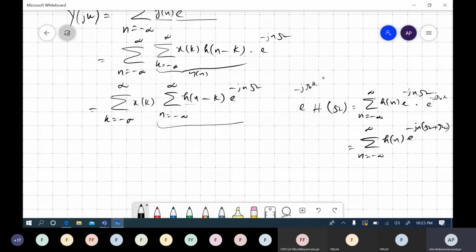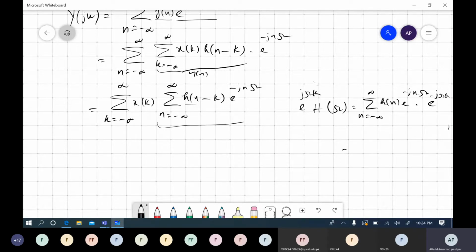Sorry, one thing I have made a mistake here: this shift is in the time domain, e to the power j omega k, and here it is also e to the power minus j omega k. Then we end up here with, I want to rewrite this whole expression.